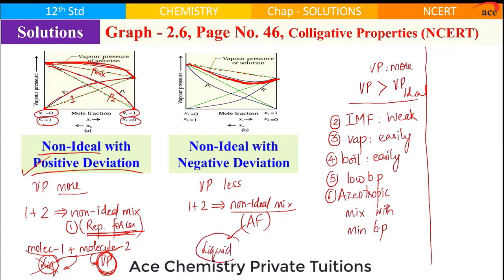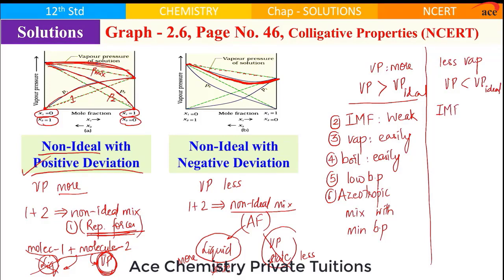That means molecules will like to remain in liquid state rather than vapor state. Because they like to remain in liquid state more and vapor state less, they produce less vapors. If they produce less vapors, their vapor pressure will be less than ideal vapor pressure.